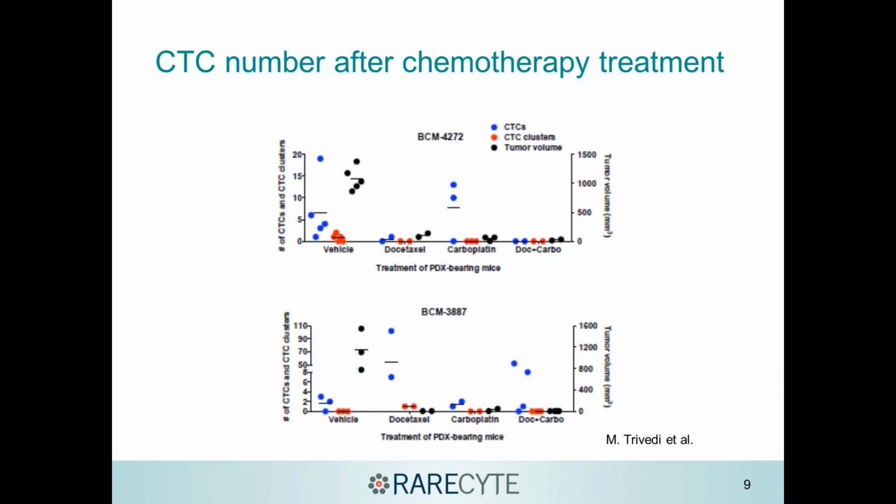As can be seen in this image, in BCM4272, the CTC number and the number of CTC clusters declined with docetaxel and the combination treatment, but not with carboplatin. In contrast, in the BCM3887 model, CTC numbers increased with docetaxel and the combination treatment. Further study needs to be performed to understand the implications of changing CTC numbers with treatment.